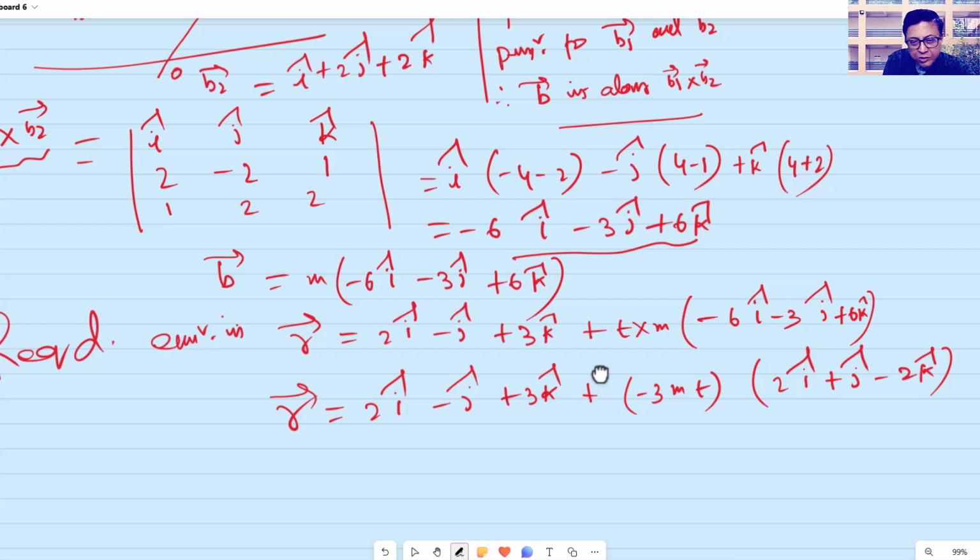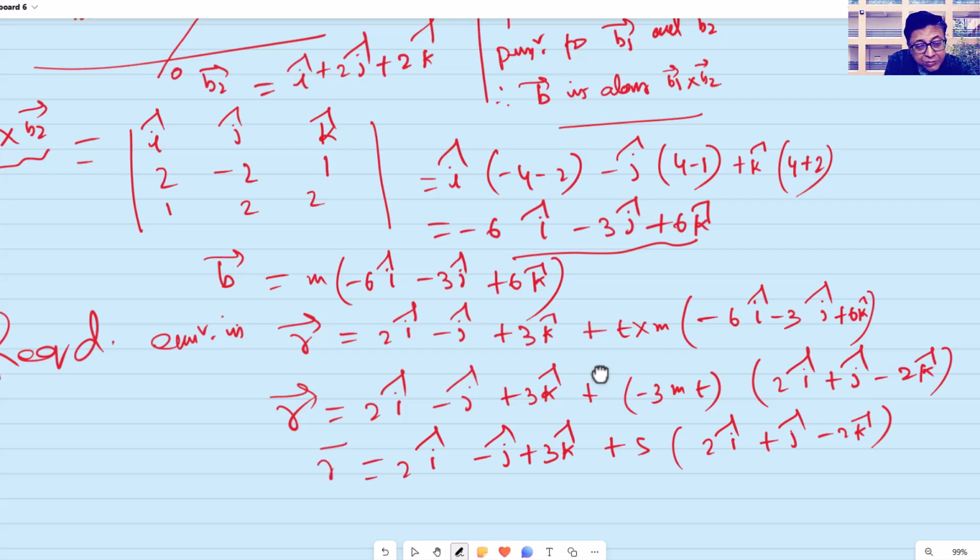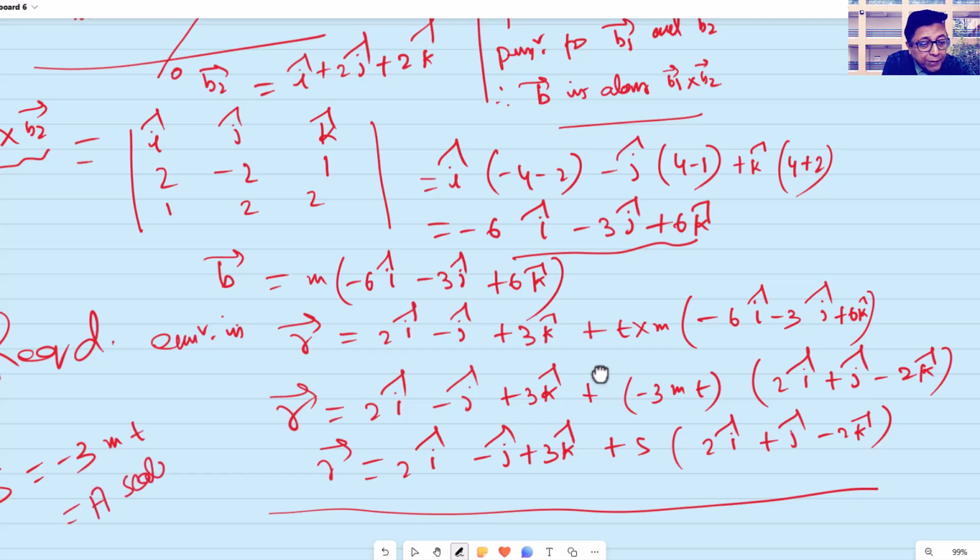Okay, so this is going to be 2i plus s into 2i plus j. Understood? I have taken s equal to a scalar. So I have every right to replace minus 3mt by another scalar, and this is the required equation. Understood?